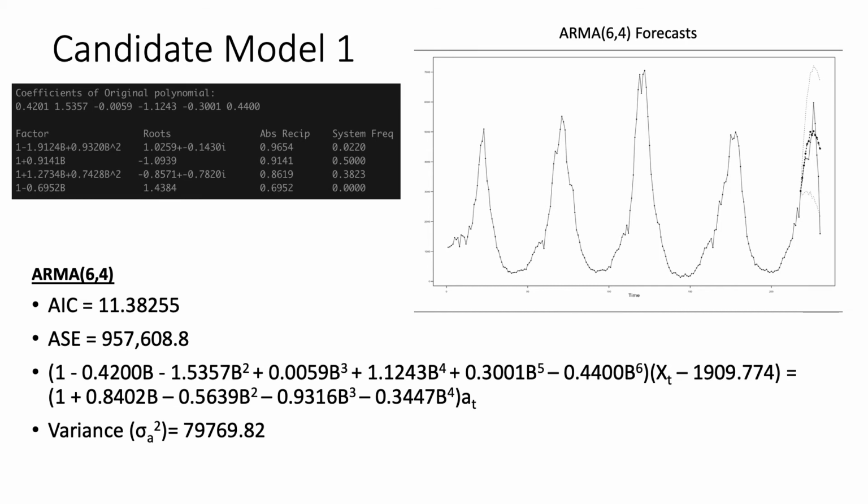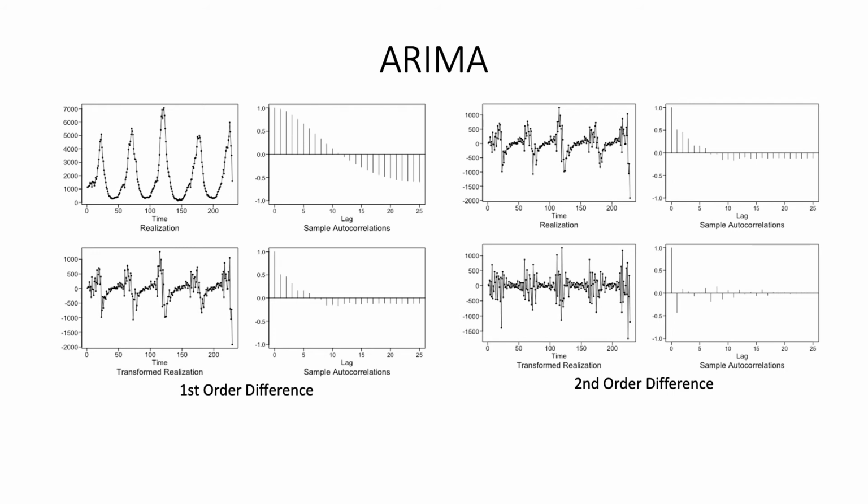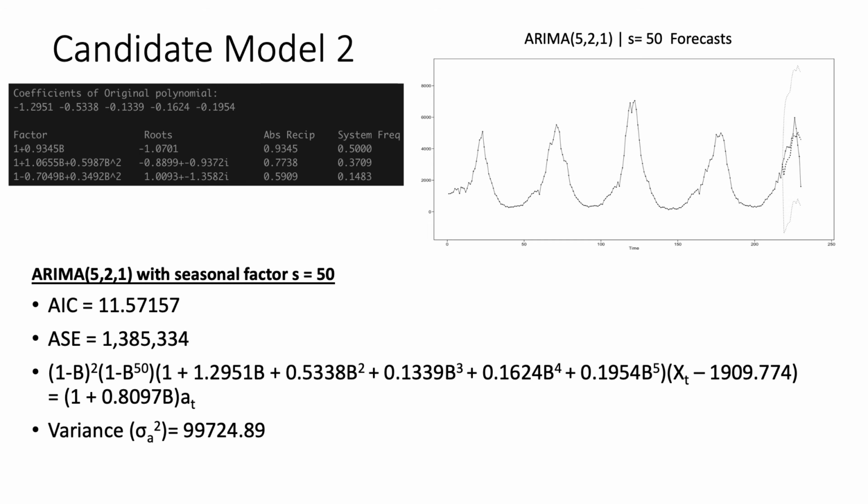We next wanted to explore a seasonal model. In order to stationarize the data, we took a first order difference and realized we still probably hadn't stationarized the data, so we fit a second order difference. Finally, we fit our second candidate model, which is an ARIMA(5,2,1) with a seasonal factor of 50.